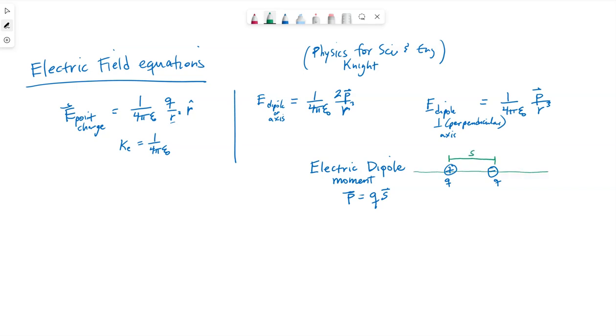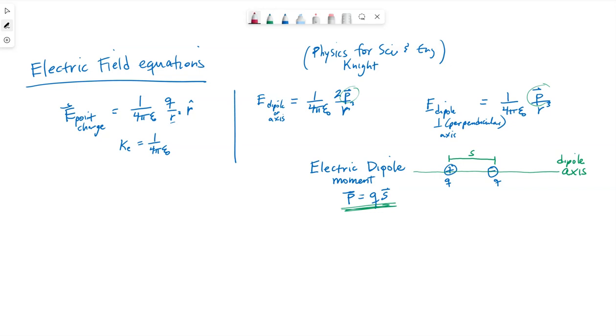So this line here is what we mean by the dipole axis. So the dipole moment, Q times s, the distance between them, these electric field equations up here both have p, meaning this Q times s.